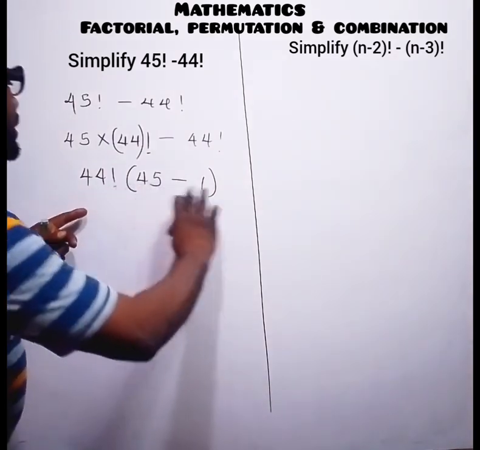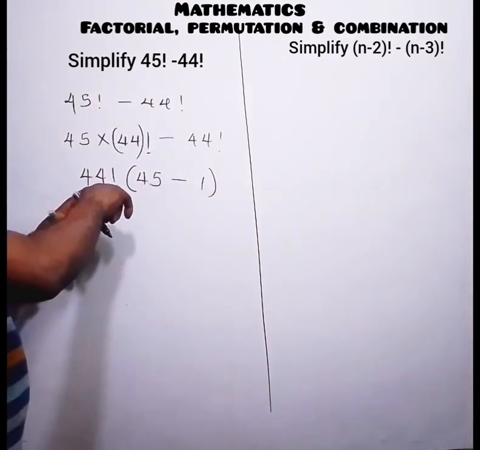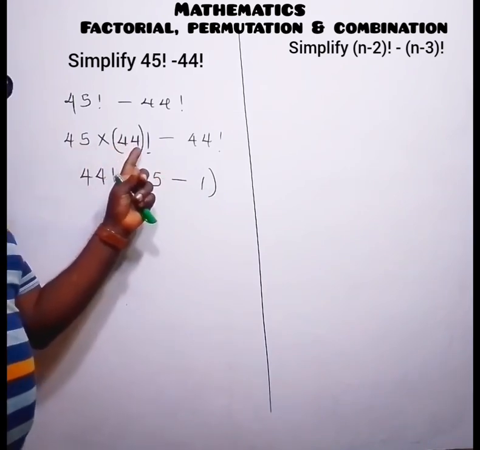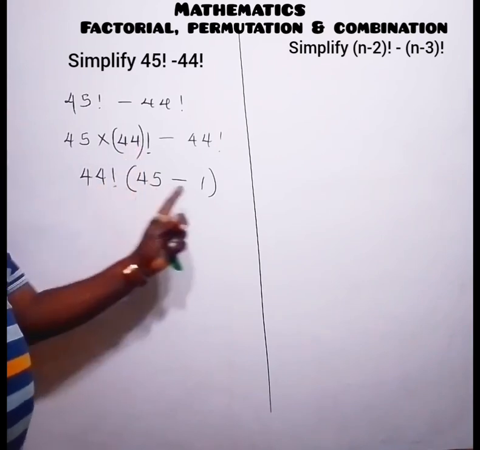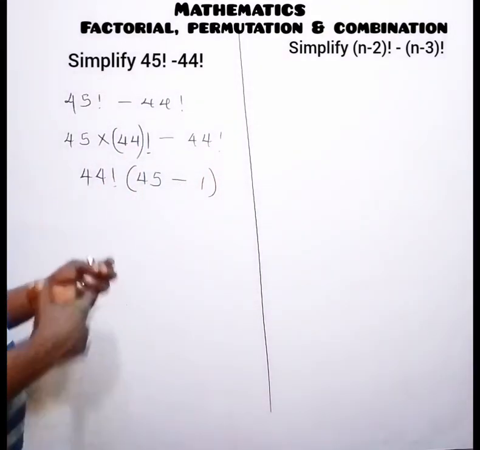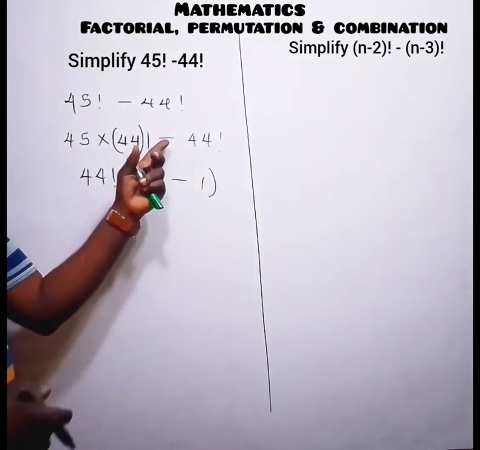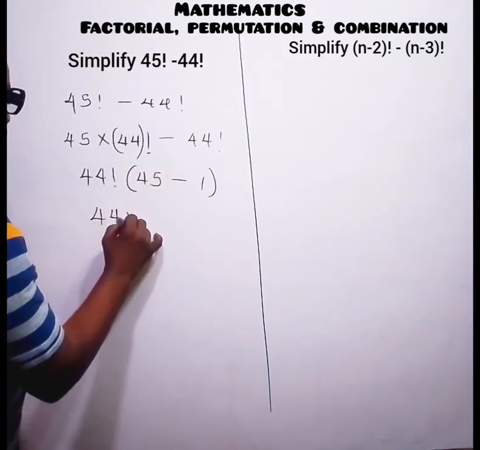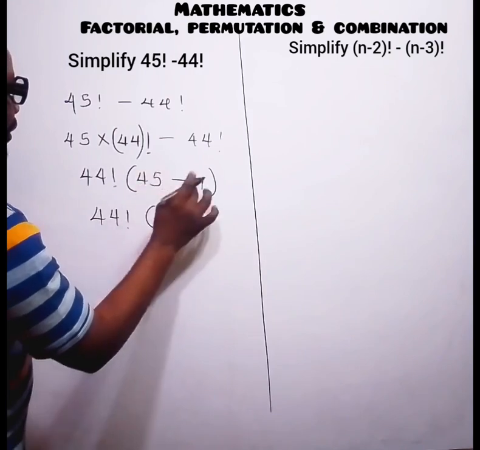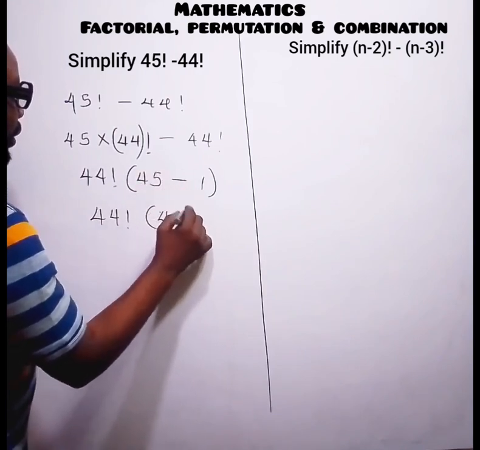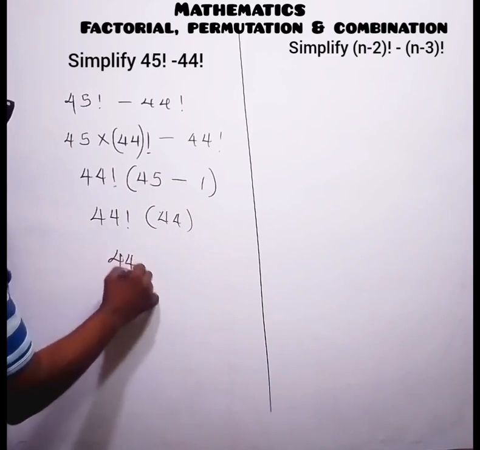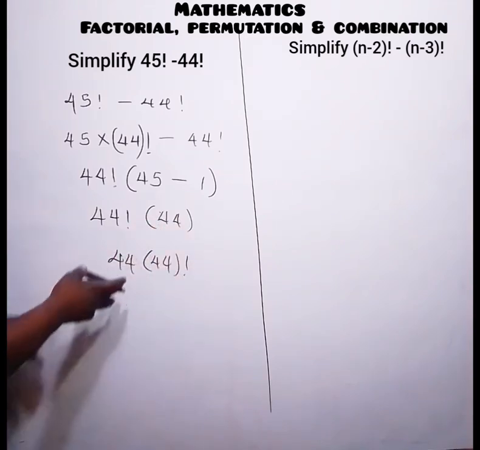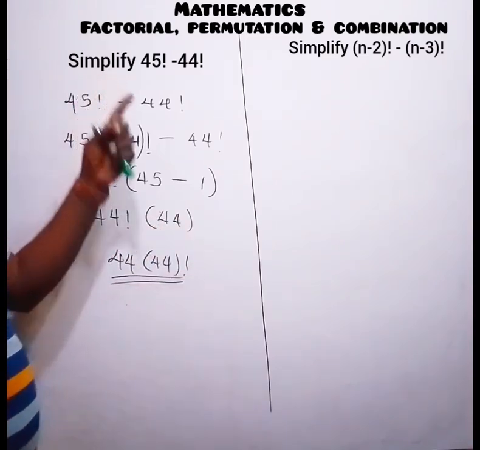If I try to expand this bracket, I'm going to have 44 factorial times 45, that will be 45 times 44 factorial, and 44 factorial times 1, that's 44 factorial. You can see that I've been able to express this question back like this. Now, 44 factorial into bracket 45 minus 1, that will be 44. So the answer is going to be equal to 44 into bracket 44 factorial. That is the answer to the question given to us here.